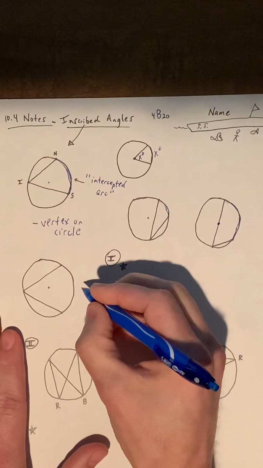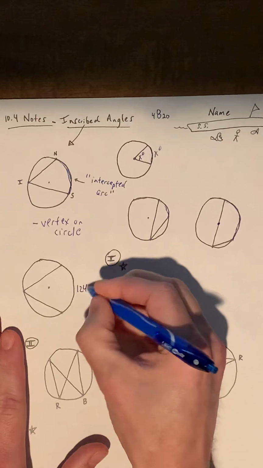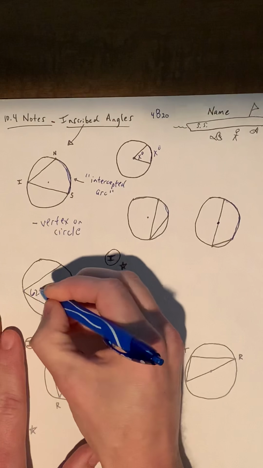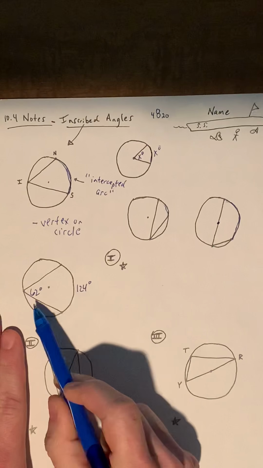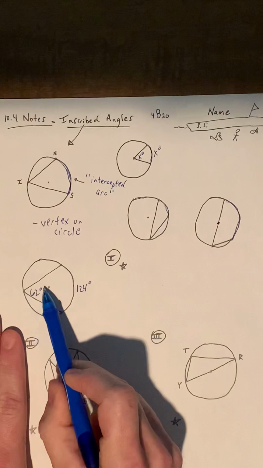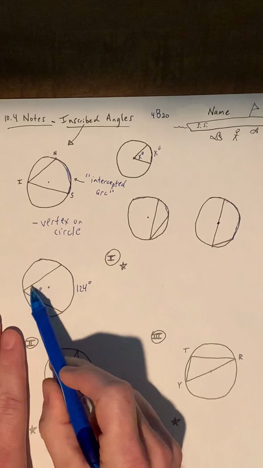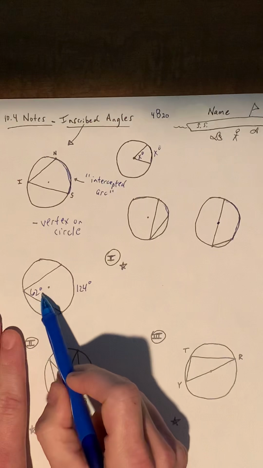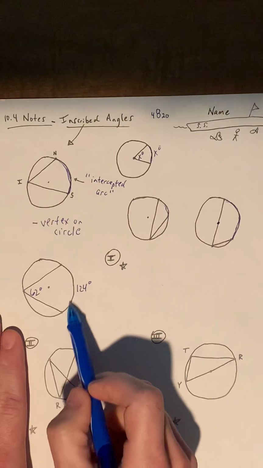So let's say that this is a 124-degree arc. Inscribed angle is half of that, 62. And vice versa. If you know the inscribed angle, you double it to get the intercepted arc.